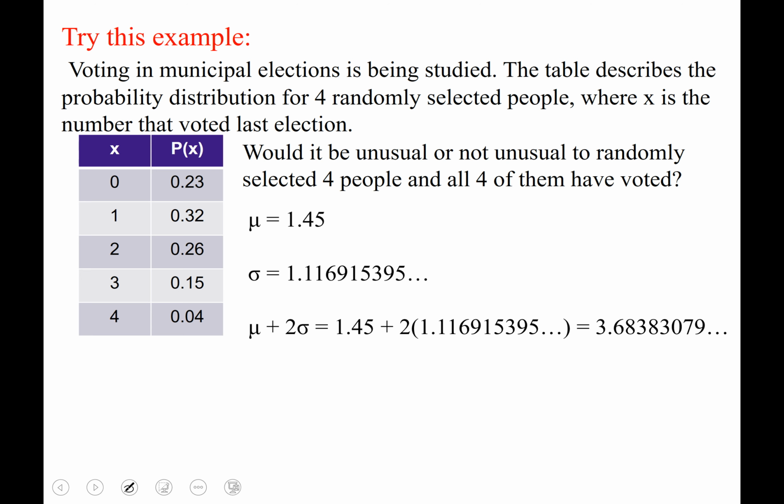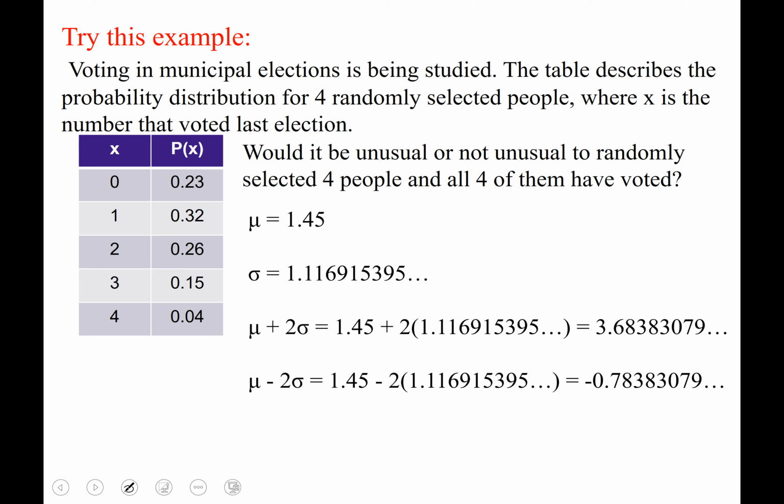Your maximum usual value would then be 1.45 plus 2 standard deviations, 3.6838 and so on. That's nice, you have that right. Minimum usual value would be the mu minus 2 standard deviations, so negative 0.7838 and so on.